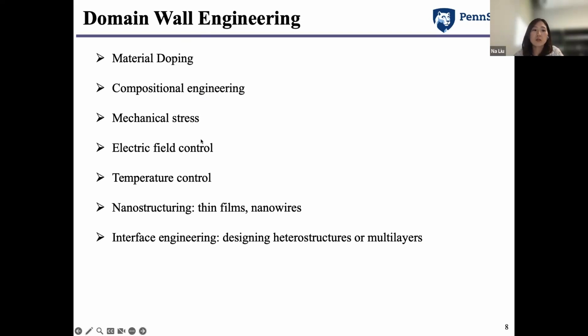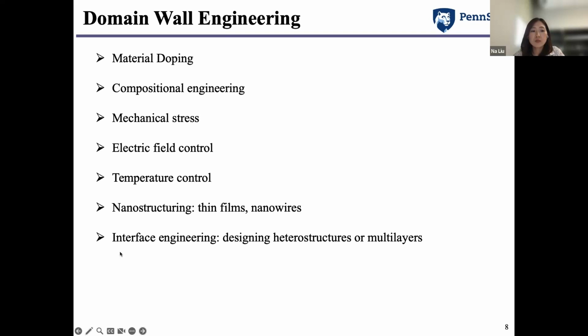Also, we can apply mechanical stress or an external electric field. We can also vary the temperature of the ferroelectric material. Additionally, some nanostructuring of the ferroelectric can be done to control the domain wall motion, such as thin film or nanowire configuration of the material.